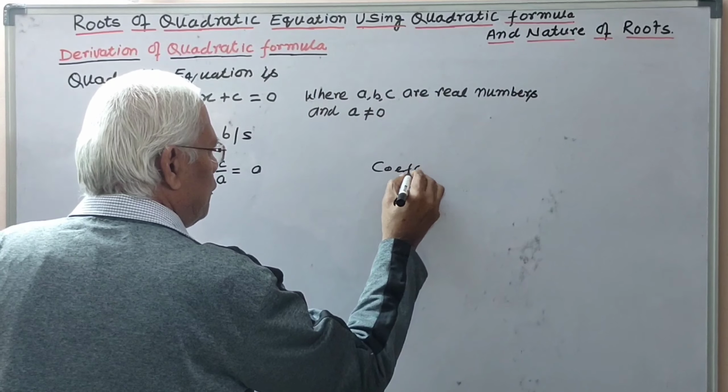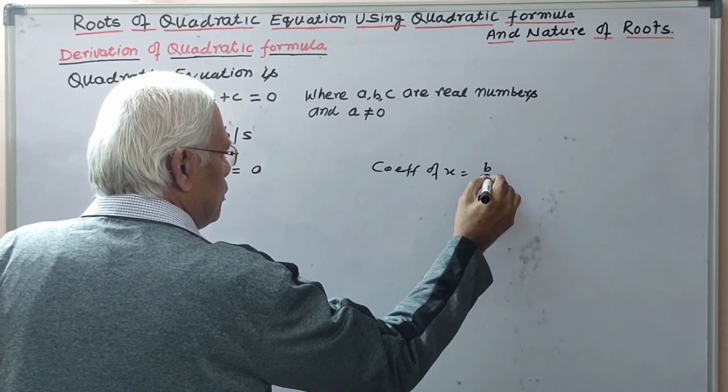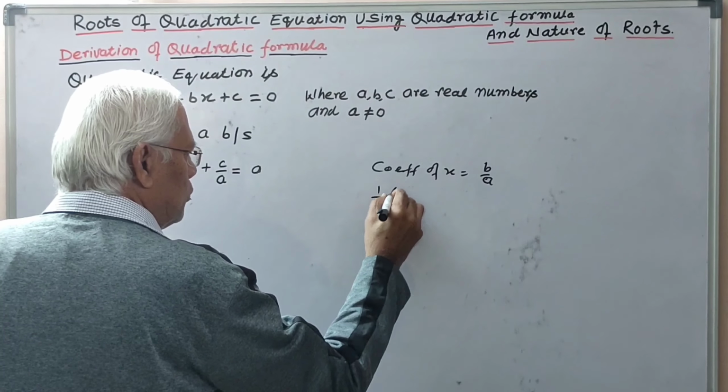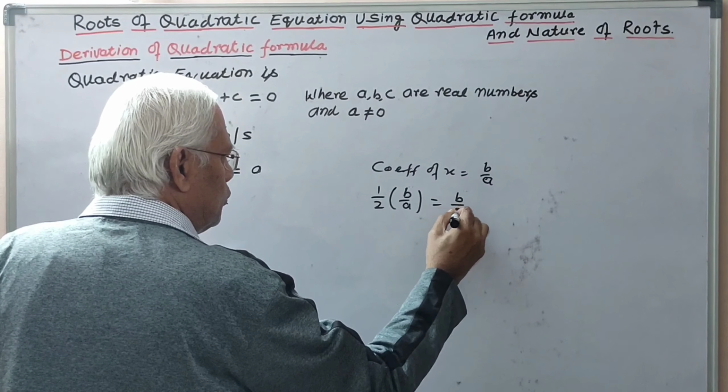Now, coefficient of x is b upon a. Multiply it by half, so this will become b by 2a.